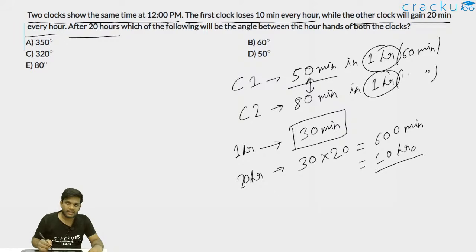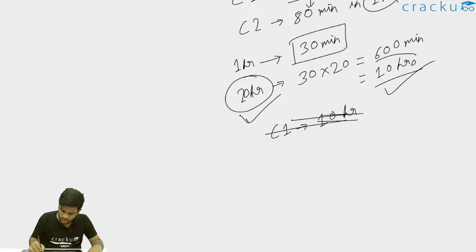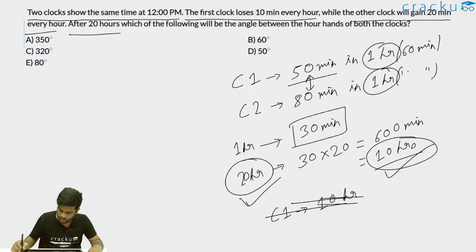So that means after 20 hours, both the clocks have a difference of 10 hours. Now it is given that it is covered exactly 20 hours, so the difference in both the clocks is 10 hours.